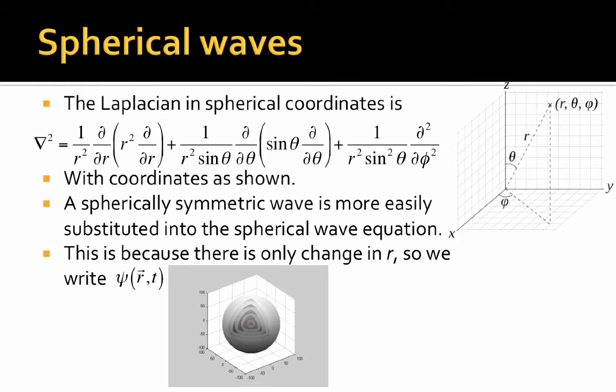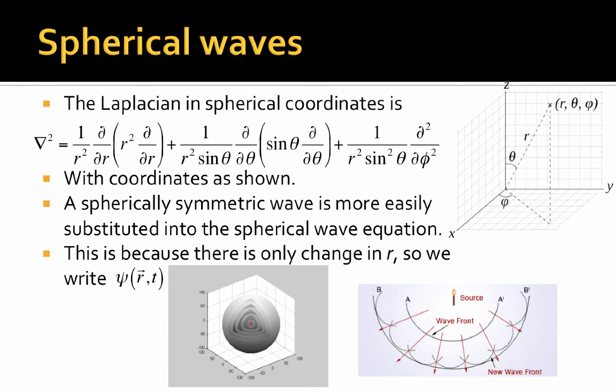The angle theta, it's symmetric around any angle theta and also any angle phi. Another picture of a spherically symmetric wave, which also illustrates other principles, but this is saying if you've got a point source, like a candle, the waves will emanate in all directions and you'll have a spherical wave.